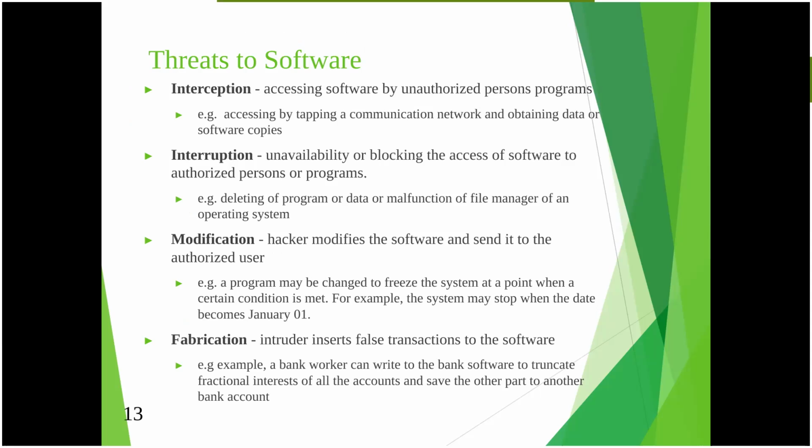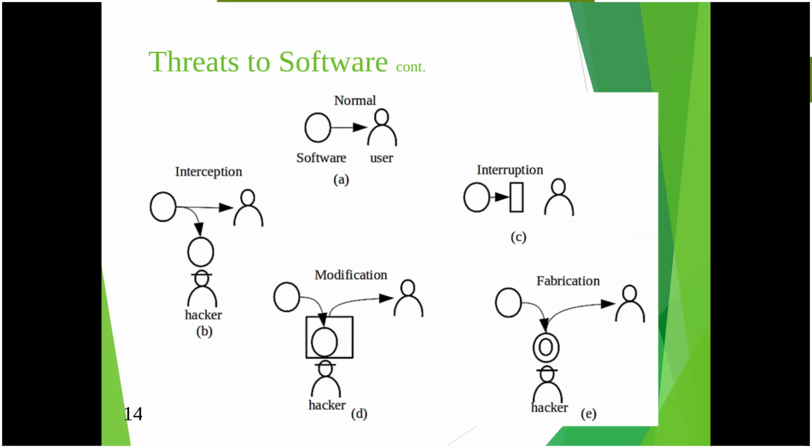Interception is accessing software by unauthorized persons or programs, by tapping the communication network and obtaining data or software copies. I will explain this using this figure. Figure A is normal software, represented by this circle, and this is the real user.